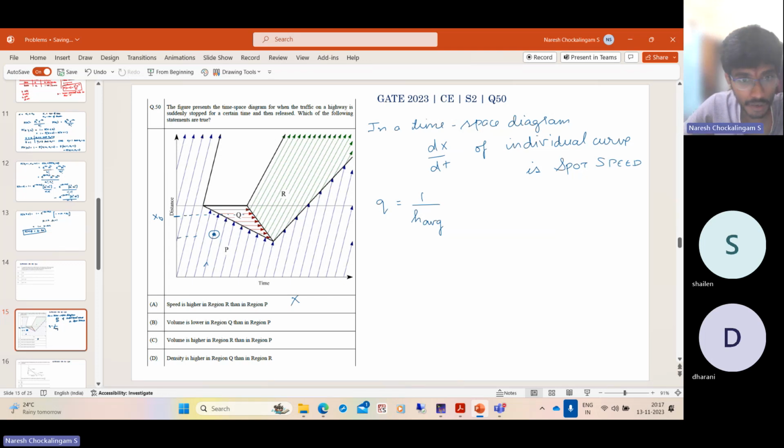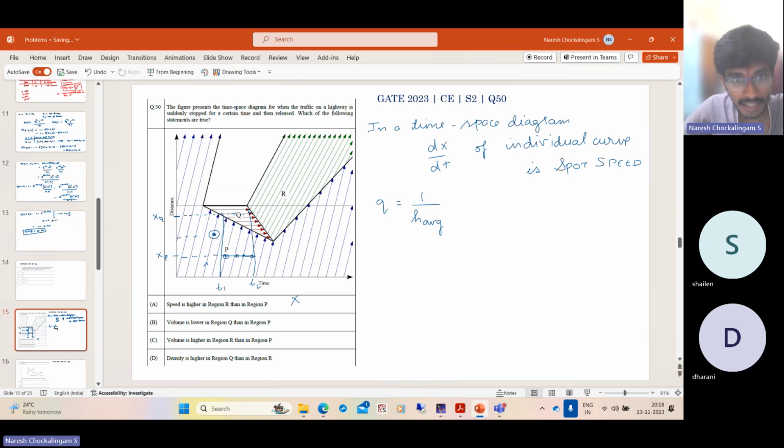So let us call this xq, and let us fix another point xp. And let us consider the same time interval, T1, T2. So in this time interval, in XP, you see that there are 1, 2, 3, 4, more than 4 vehicles cutting through this line.